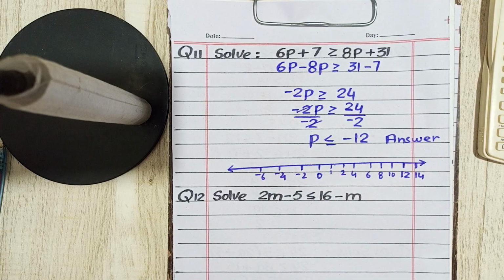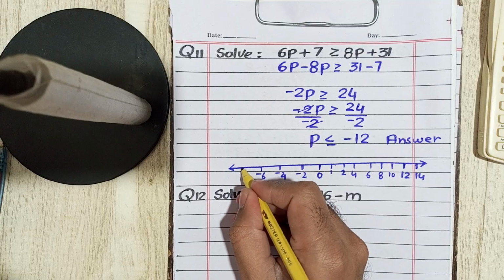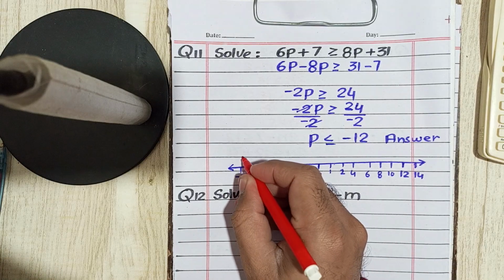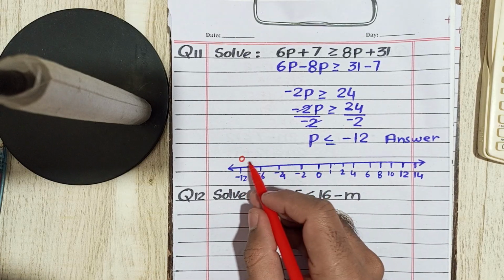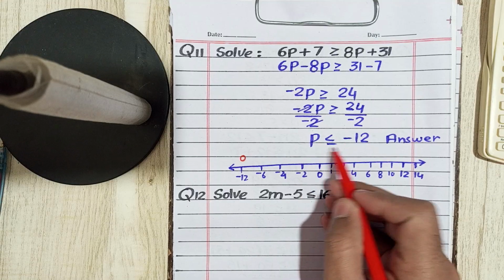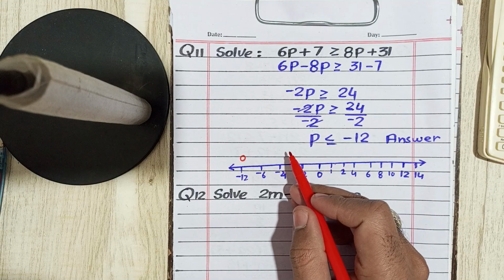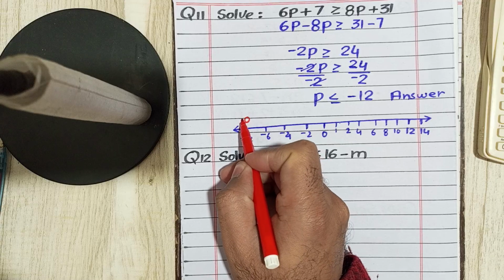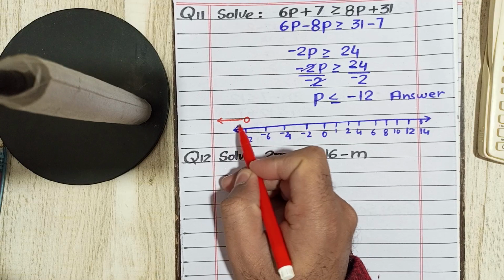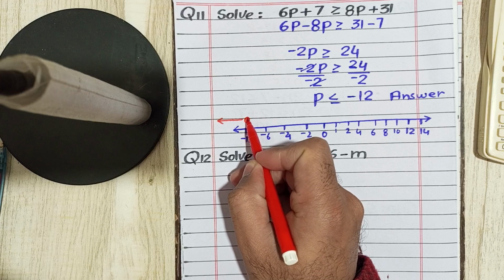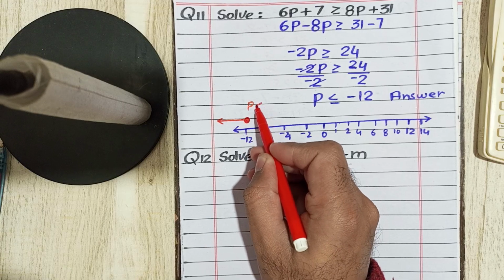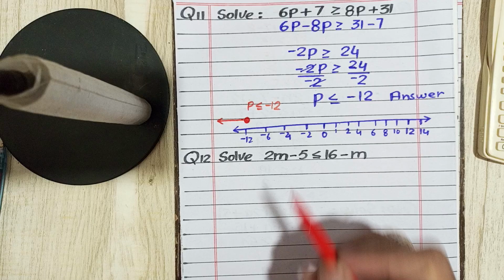Here we have negative 12. We make a circle like this, and we have p less than or equal to minus 12. So less than minus 12 is represented here. So we color this circle. So this represents p less than or equal to minus 12.